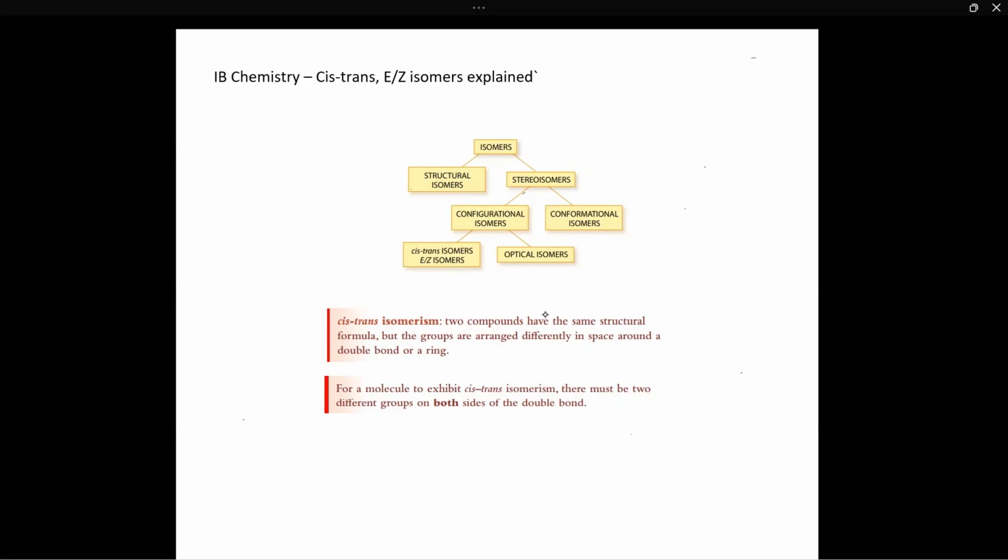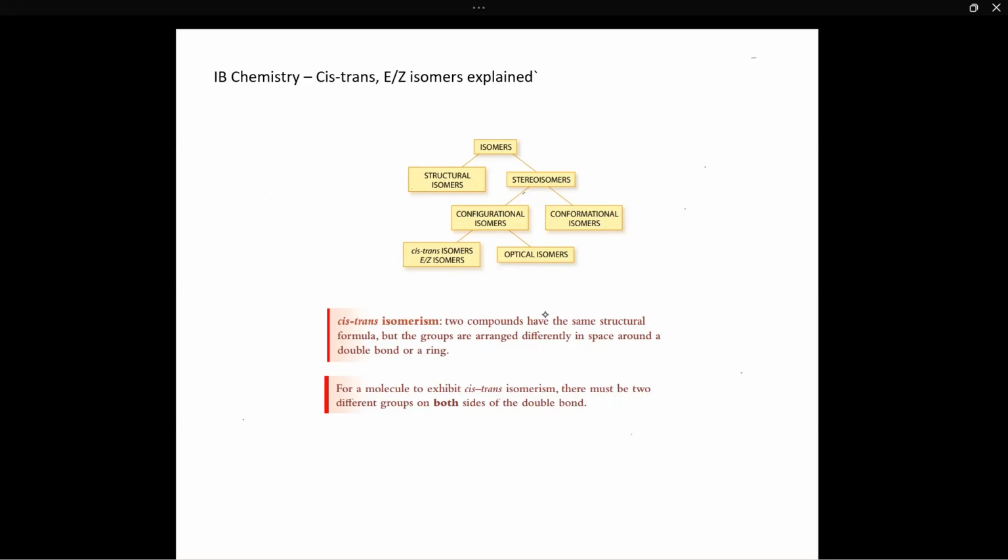What is cis-trans isomerism? Cis-trans isomerism is basically when two compounds have the same structural formula, but the groups are arranged differently in space around a double bond or a ring.